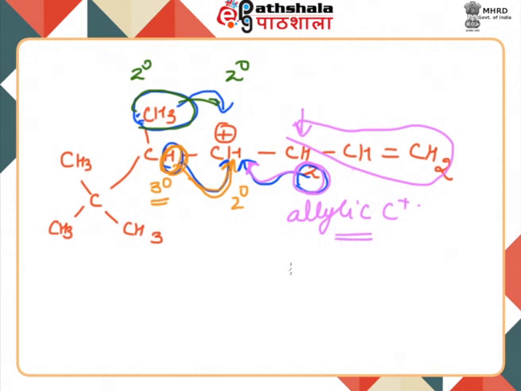So, this is the most stable one out of the possible secondary, tertiary and allylic, and so this carbocation will undergo this rearrangement, that is the hydride shift from here, and not this alkyl shift and not this hydride shift, and as a result what you will get is an allylic carbocation, that is, you get this.